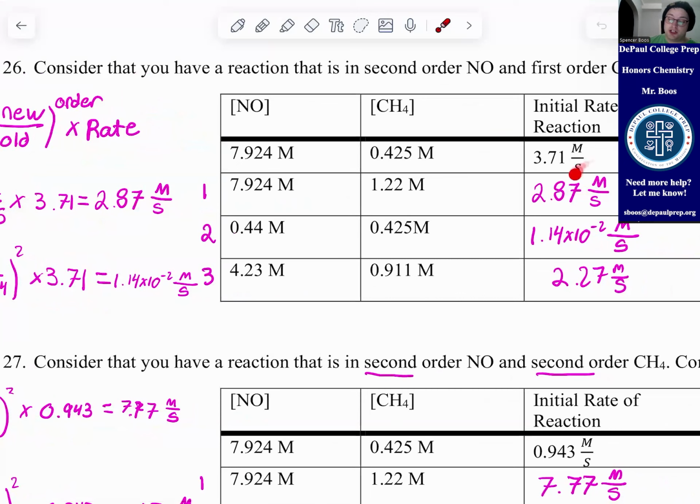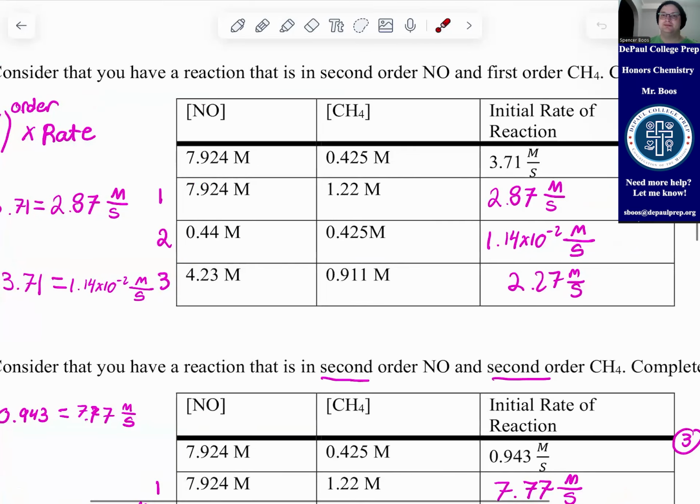A good note here: you do need to have the units in these as well. Some answers don't need units. You don't need units for any of the Ks. Everything else you need units for.